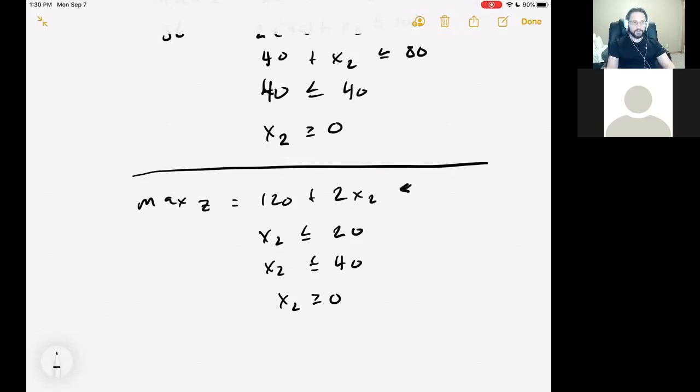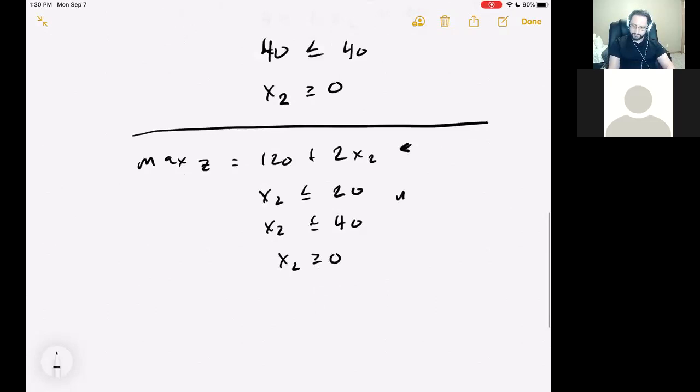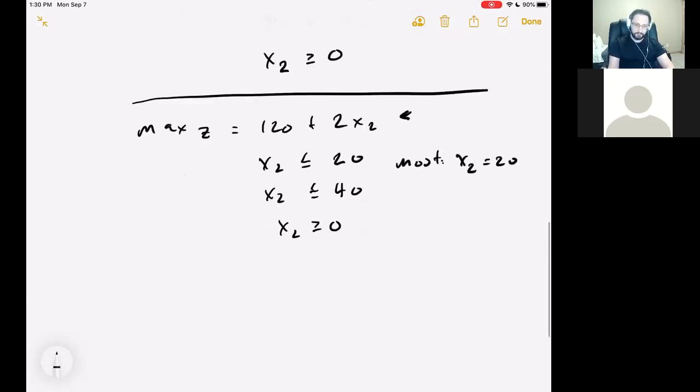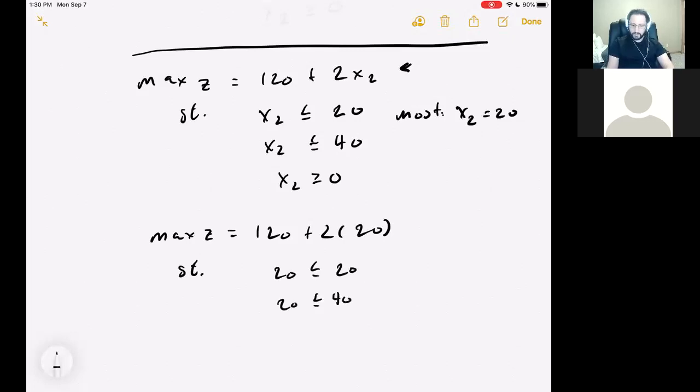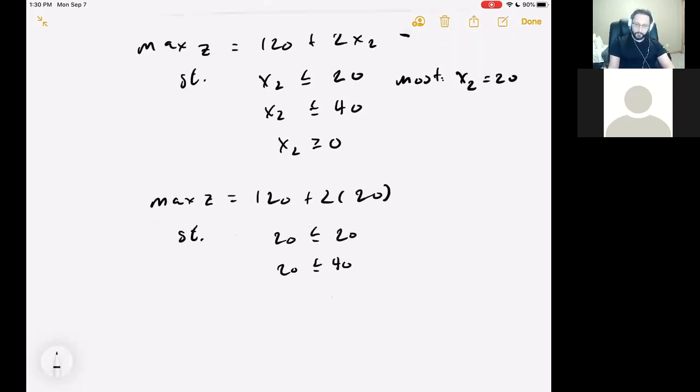So I want to increase z. I should increase x2. What's the most I can increase x2 by? So I'll do that. Let me not forget my subject twos. No more variables.